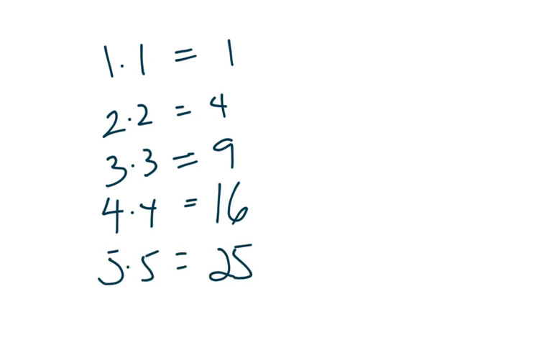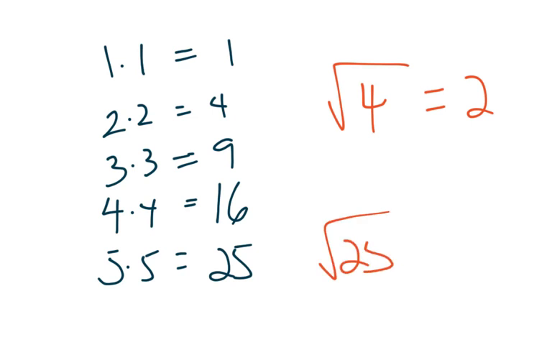But because 2 times 2 is 4, then the square root of 4 is 2. And because 5 times 5 is 25, the square root of 25 is 5. And so forth. So you're looking for perfect squares. 2 of the same number. That's what you're really searching for.